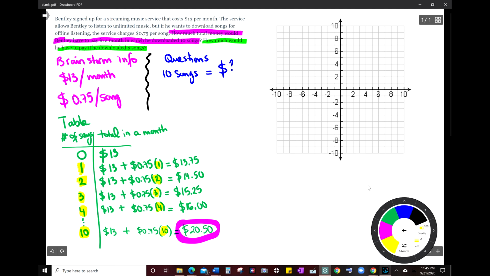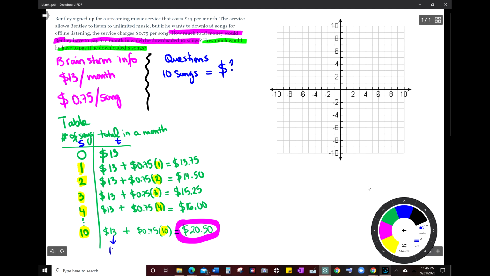So if we call the number of songs S, so S right here, and we call the total T. Then if we look at the total in the month column, what number didn't change at all? Which is 13, yes. So 13 didn't change all the time.